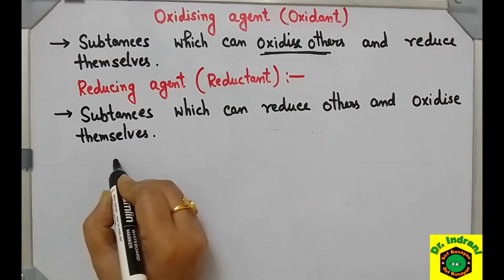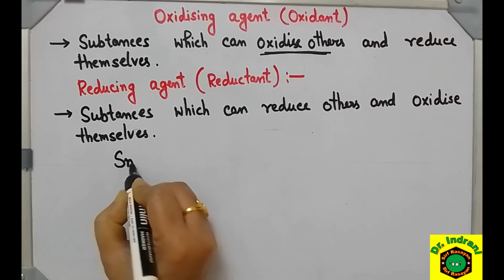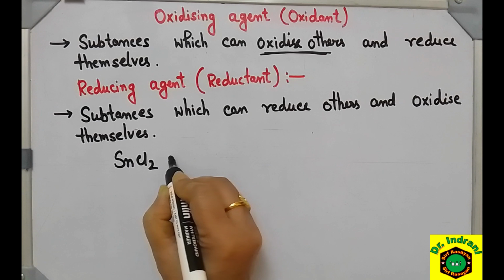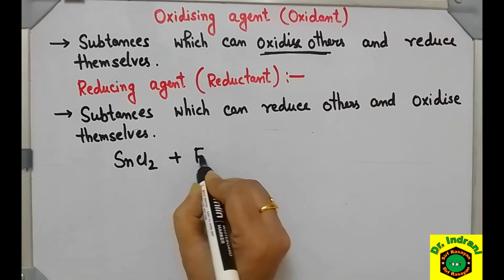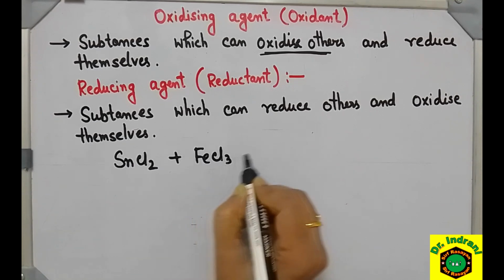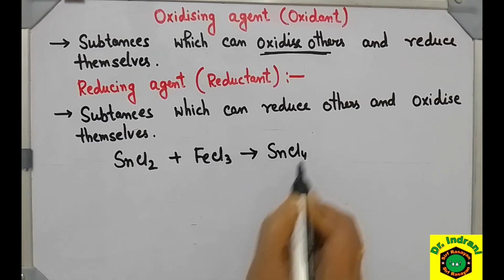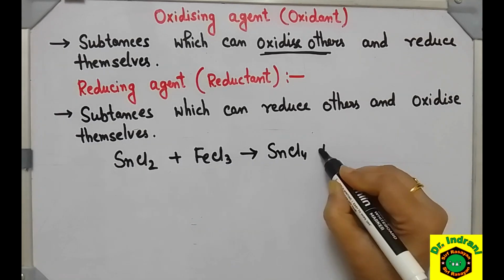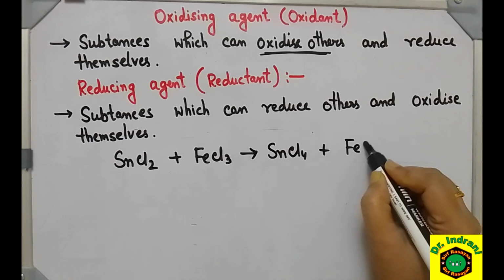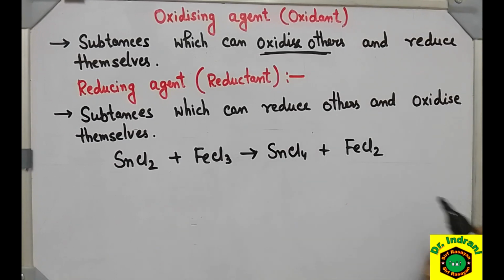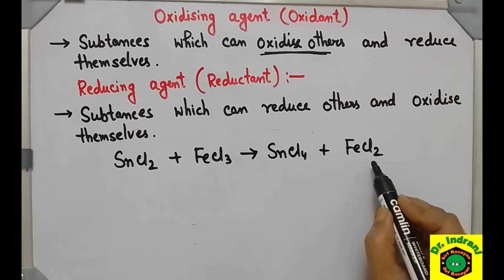Now consider this reaction: SnCl2 plus FeCl3, we are getting SnCl4 plus FeCl2.